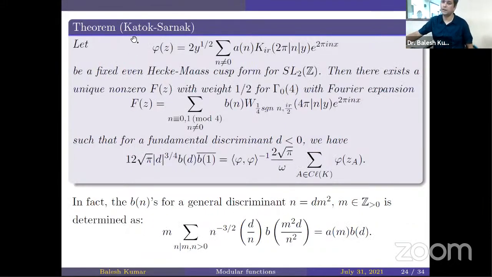The beautiful result of Katok and Sarnak in fact answers the question: if one is given a Hecke-Maass cusp form of weight 0 for SL2Z which is even, then there do exist non-zero weight half Hecke-Maass cusp forms for the congruence subgroup gamma naught 4, such that the product of the first and the d-th Fourier coefficient of this weight half form can be understood in terms of a certain average value evaluated at the CM points, where phi is your Hecke-Maass cusp form for SL2Z. This is one of the nice results that Katok and Sarnak have proved.